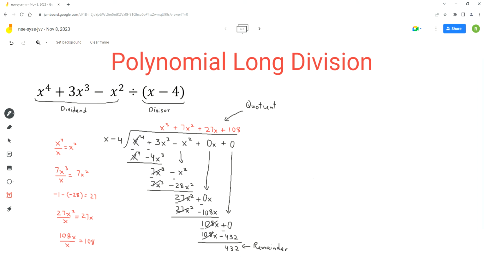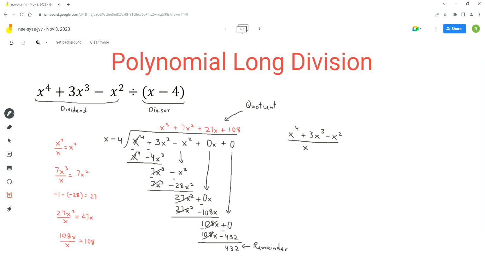So now we can write a division statement for this long division. So we can write the dividend. Now when we write the division statement, we don't have to write the zero terms that we introduced because that was just for the convenience in doing the long division.